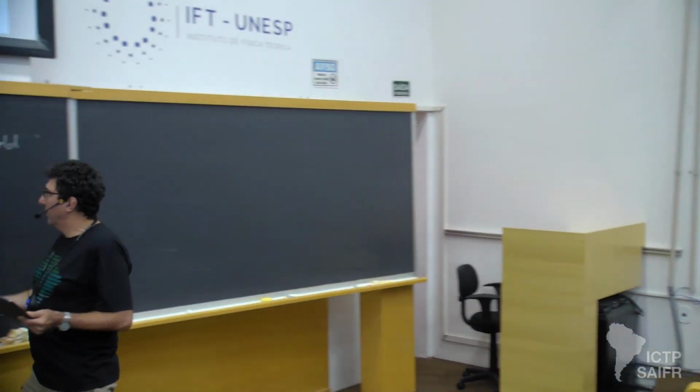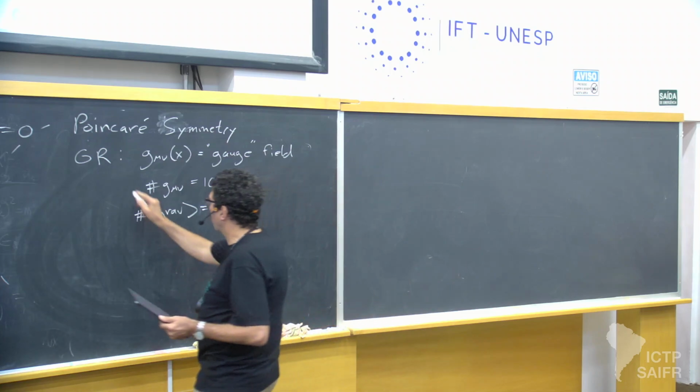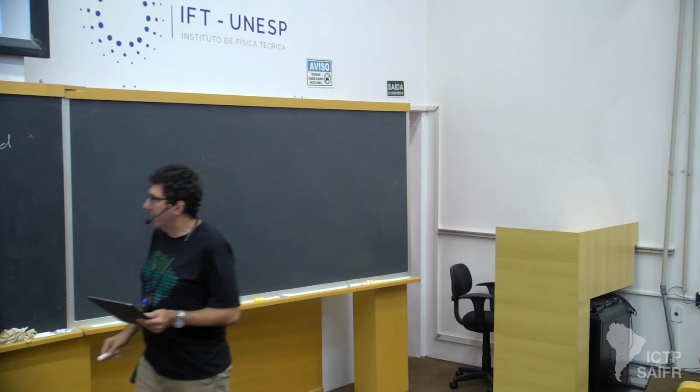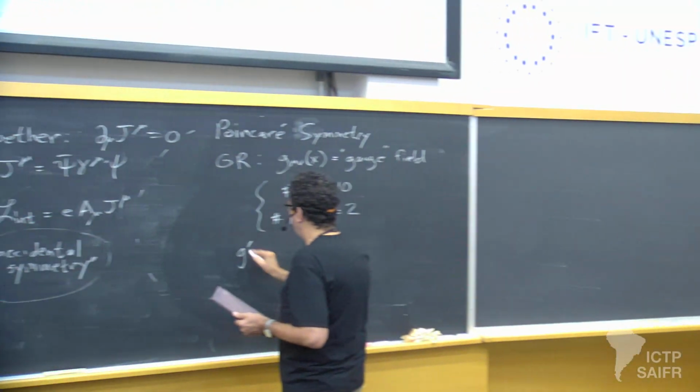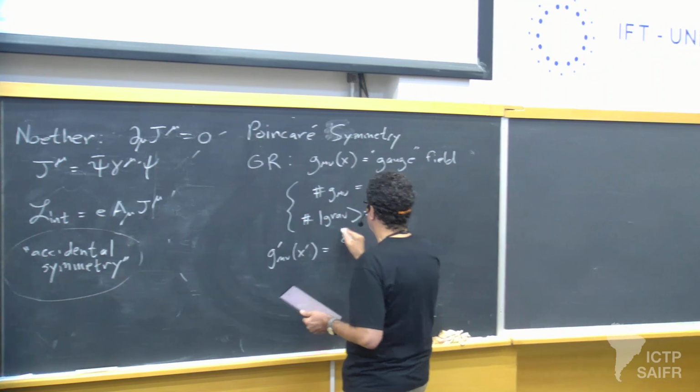And so there is a redundancy, which I can just think of as a gauge symmetry, because I don't know what else to call it. It is just what you could call the diffeomorphism invariance of general relativity, right?